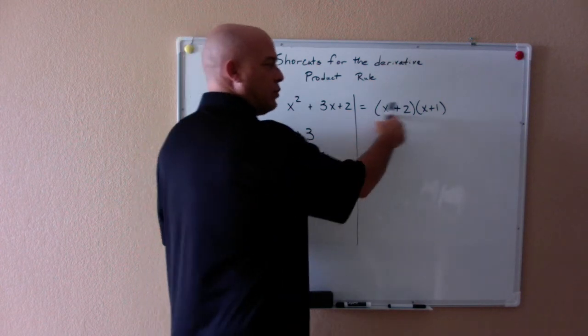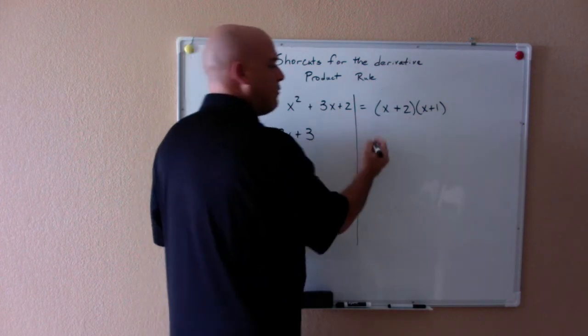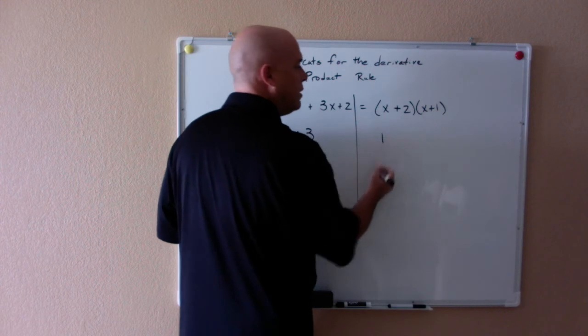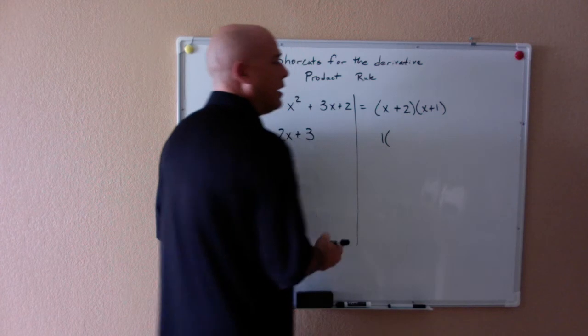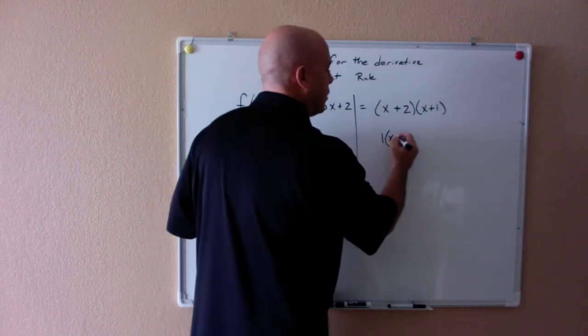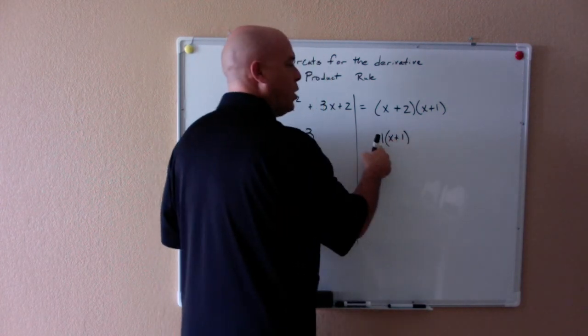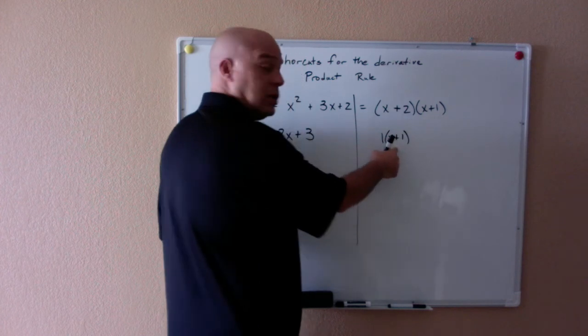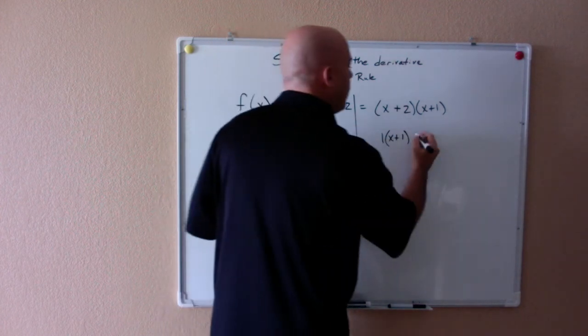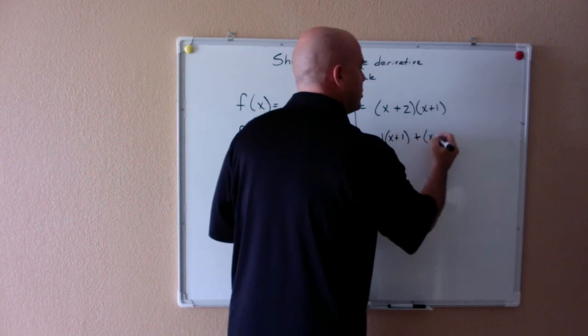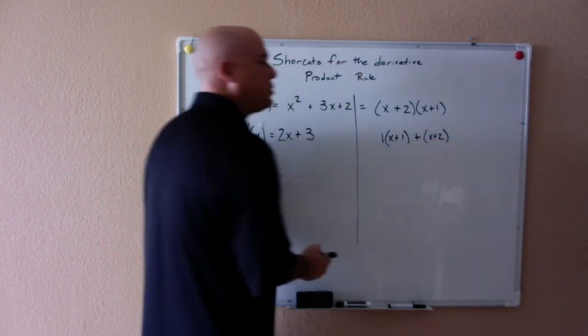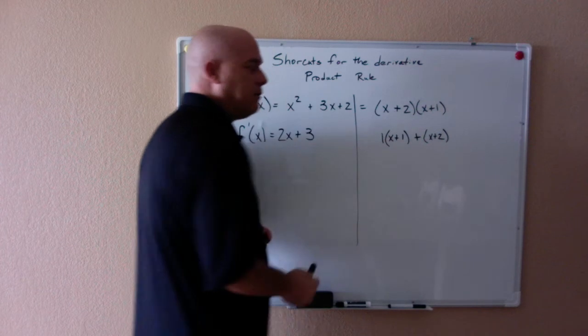So we're going to take the derivative of the first function. The derivative of x is going to be 1, and of course the derivative of 2 is 0, so that drops out. So the derivative of the first function is 1 times the second function, x plus 1, plus the first function, which was x plus 2, multiplied times the derivative of the second function.